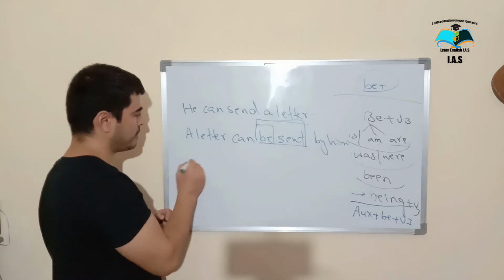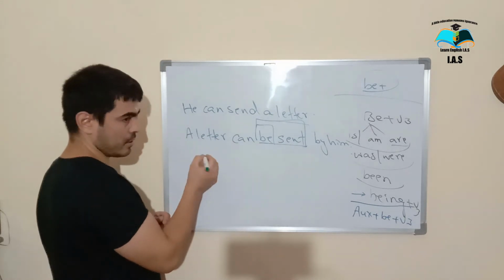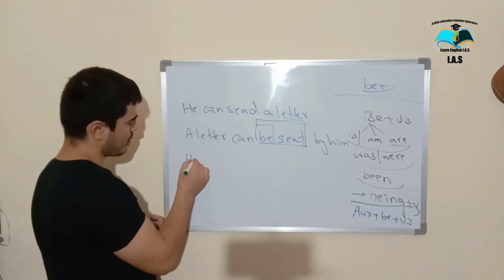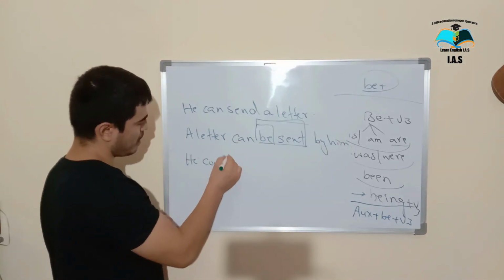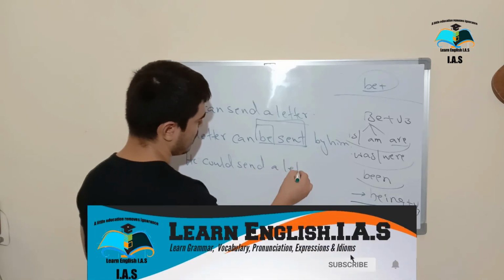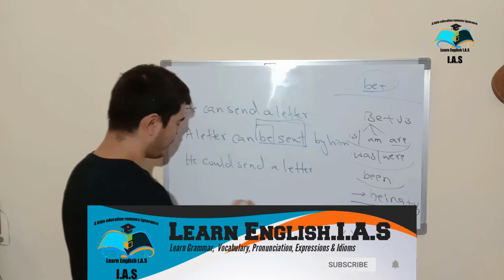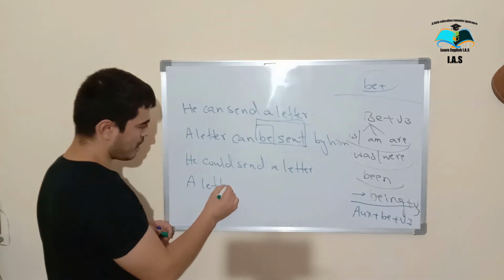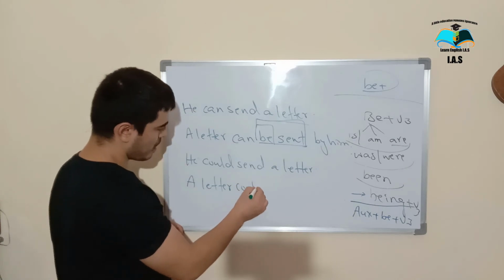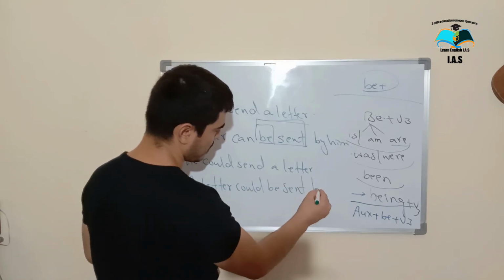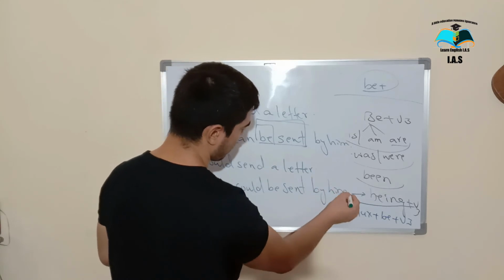Next example. For example, could, right? They could send a letter, right? A letter could be sent by them.